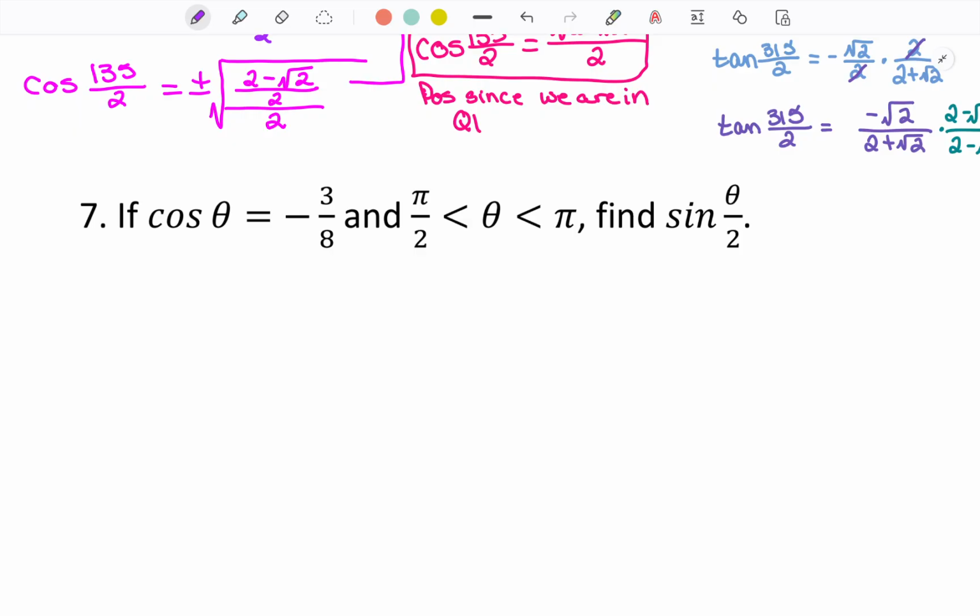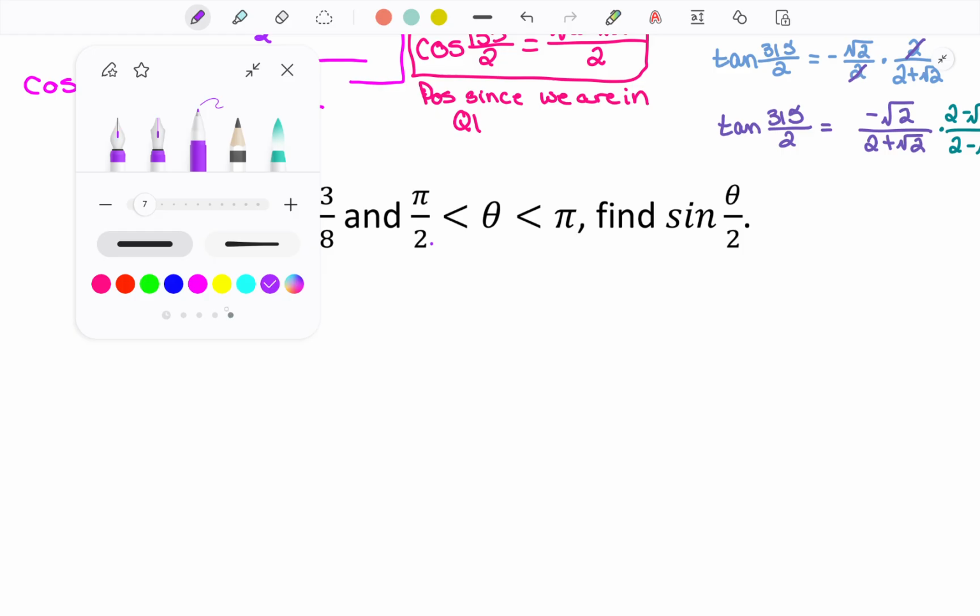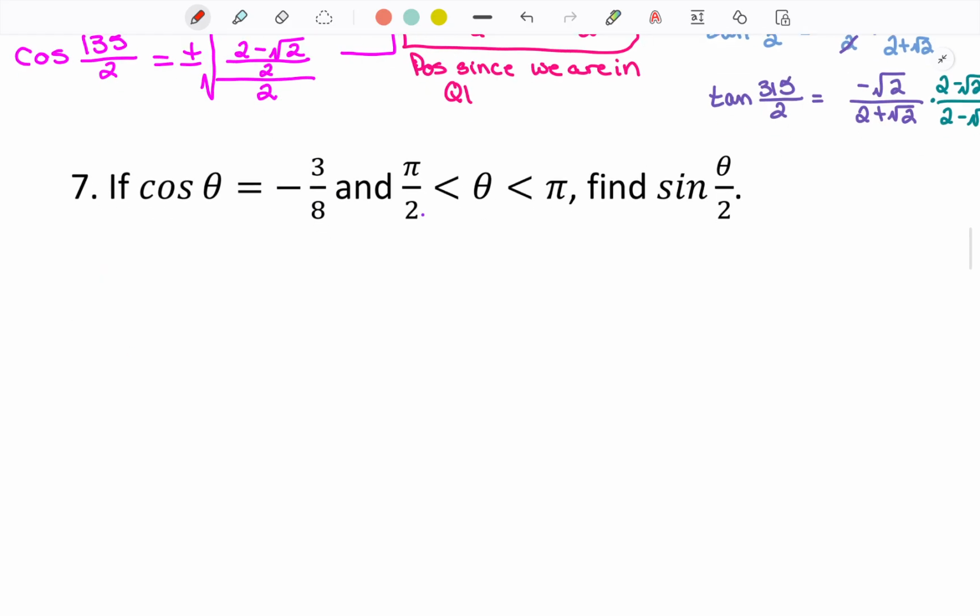On number 7, we have if cosine is negative 3 over 8 and theta is between pi over 2 and pi, we need to find the sine of theta over 2. We are going to first figure out what quadrant number 7 is in.